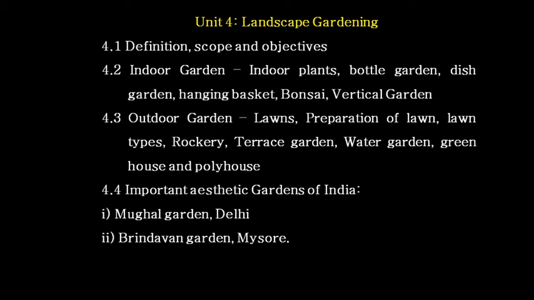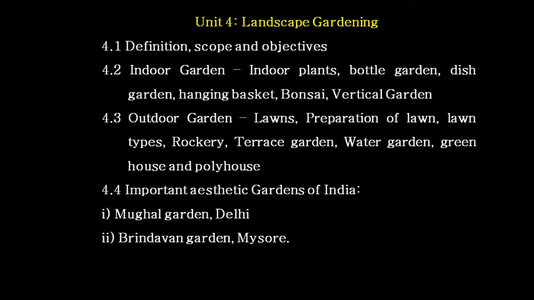If you see many of the buildings, hotels and restaurants, they have a small or large garden in front of their hotel or home. That designing or landscaping is done by many of us. So there is a huge scope for this branch, that is landscape gardening.